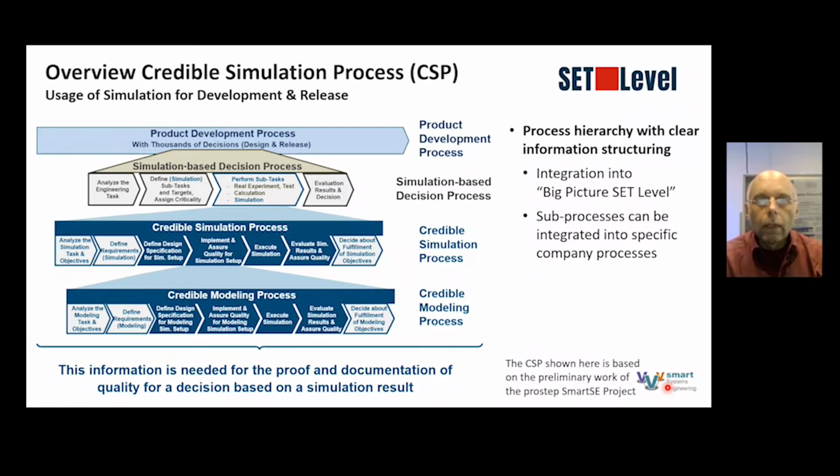On the top level is the product development process itself, and within it you have thousands of decisions, meaning design decisions and release decisions. On the next level there is a single decision, and therefore we need a decision process.